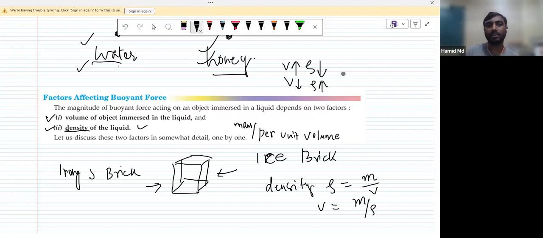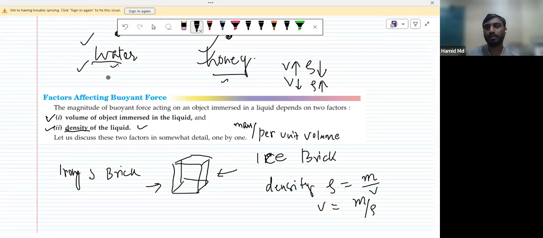Did you get any idea here? Its density is less, so the volume is large, and the volume displaced will be small.